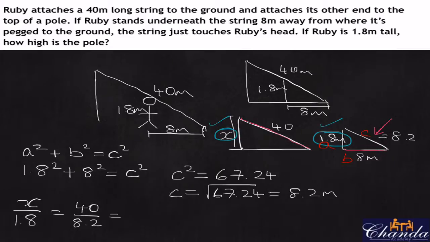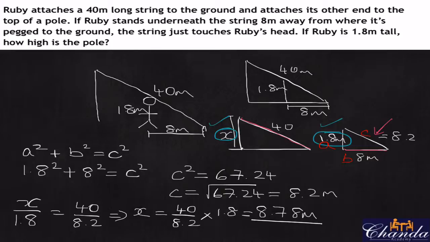So we have x is equal to 40 over 8.2 times 1.8. Now, using the calculator, we get a value of 8.78 meters. So, if Ruby is 1.8 meters tall, how high is the pole? The pole is 8.78 meters.